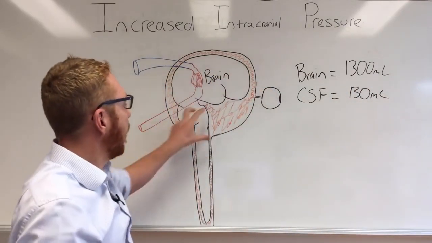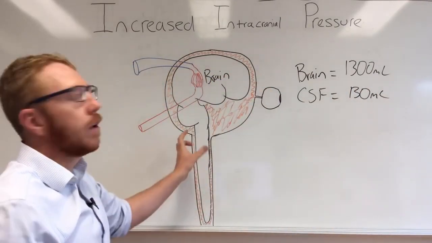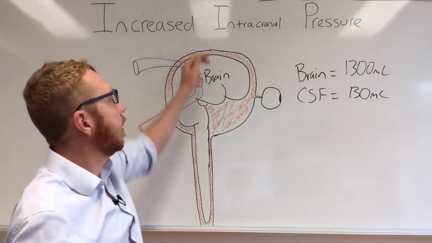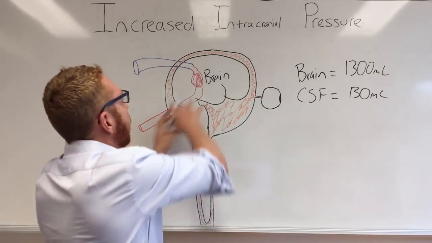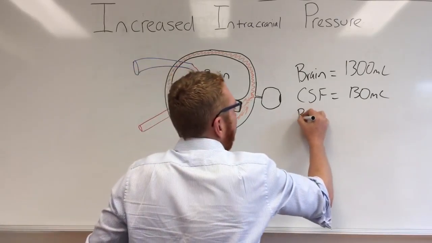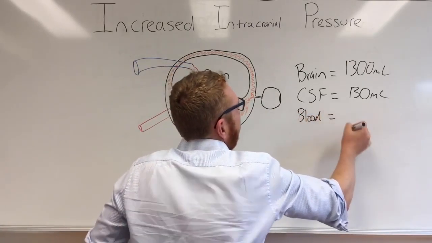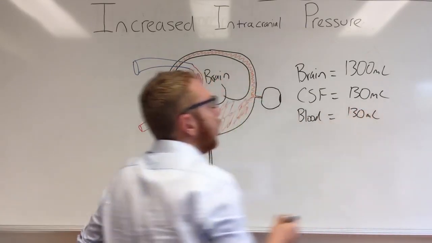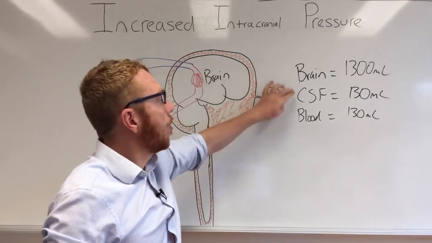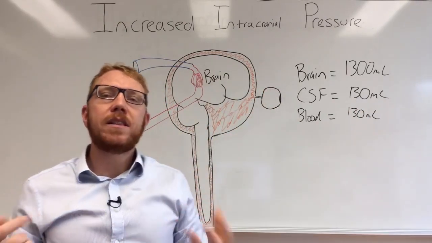And this is all around the brain, going down to the spinal cord, where it travels down and comes back up and then gets reabsorbed into the dural sinuses. And then finally, the blood itself is also about 130 mils of volume. And so these are the three volumes within the cranium.